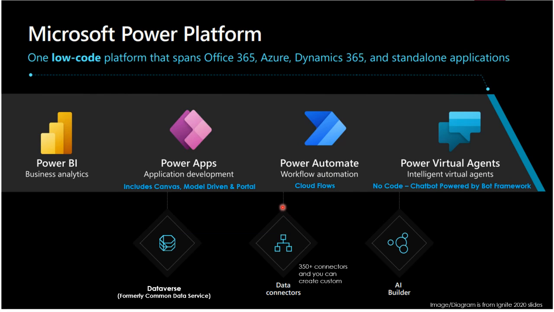You can actually connect to over 350 different services using the connectors available out of the box, or you can actually build custom connectors as well if you would like to connect to your own services and API. And then you can also use the Azure AI or the cognitive services with minimum code. There will be no requirement for you to write any code.